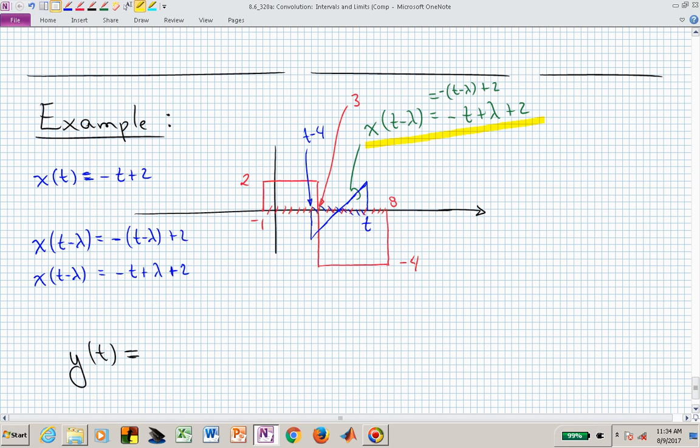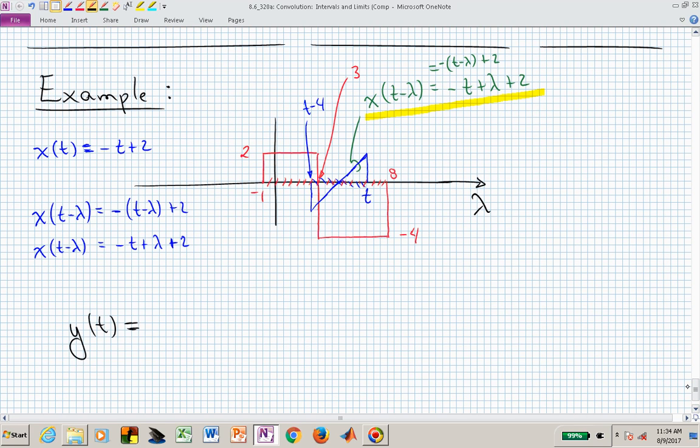That now has a functional form of minus t plus lambda plus 2. Again, our variable of integration is lambda, and our adjustable parameter is t. And we want to now know, how do I find the value for y of t? And then we'll figure out when is this expression for y of t valid.